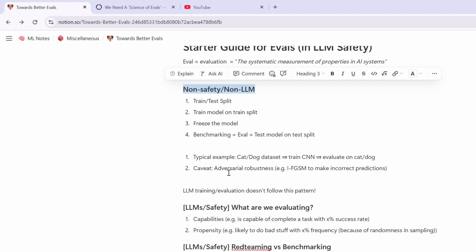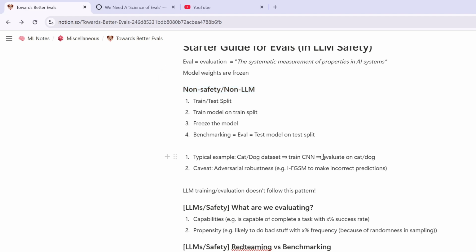As an example, for a standard traditional machine learning model training and evaluation process, you can have something like a cat dog image dataset, and you can have labels associated with this. And our goal is to train some model, say a CNN, on the train split of this cat dog image dataset.